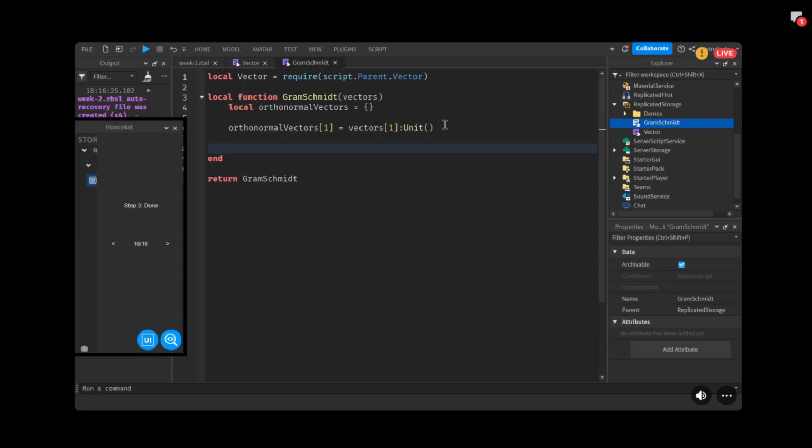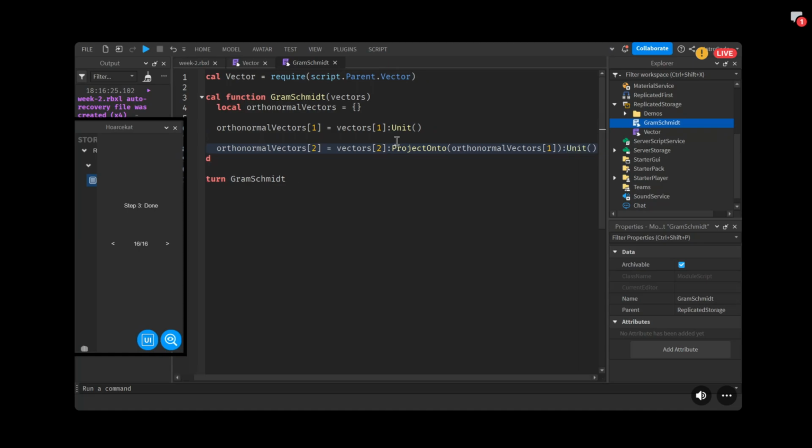All right, so then the next step is we're going to take the second vector and project it onto the first one and then subtract that away. So our second orthonormal vector is we're just going to take the second vector and project it onto the first orthonormal vector, and then unitize this.